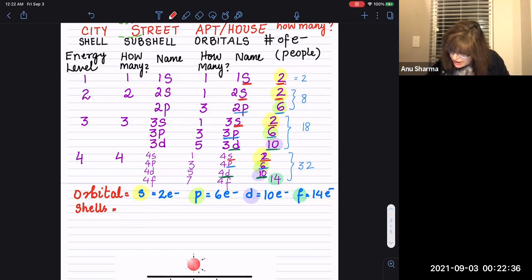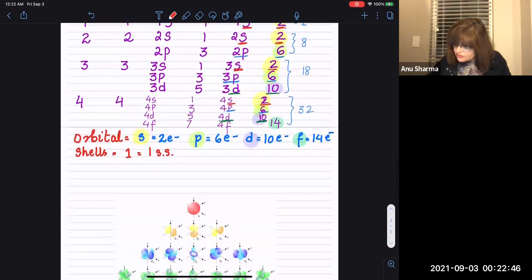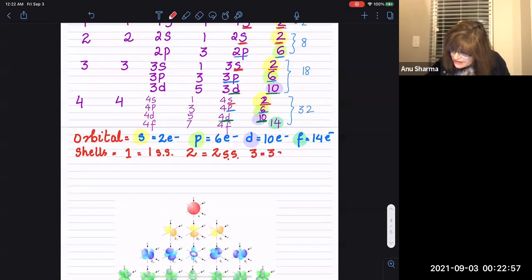We see shell number 1 will have 1 subshell. I'm going to just put it SS. Subshell is S dot S, so I don't have to write this again and again. Shell number 2 will have 2 subshells. Shell number 3 will have 3 subshells, and shell number 4 will have 4 subshells.